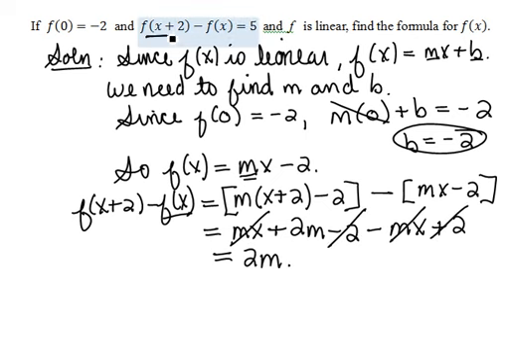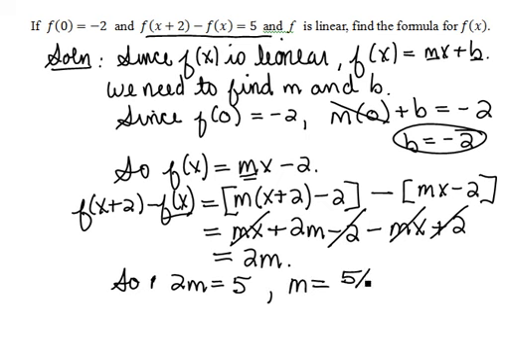But according to the problem, that quantity, f of the quantity x plus 2 minus f of x, is supposed to equal 5. So 2m is equal to 5, which by dividing both sides by 2 means m is 5/2.